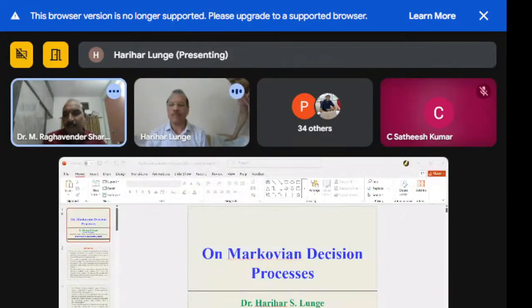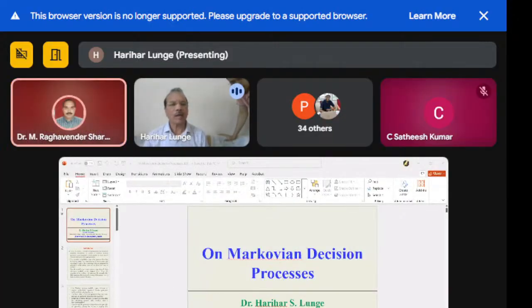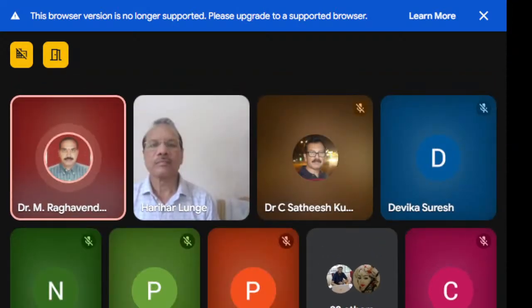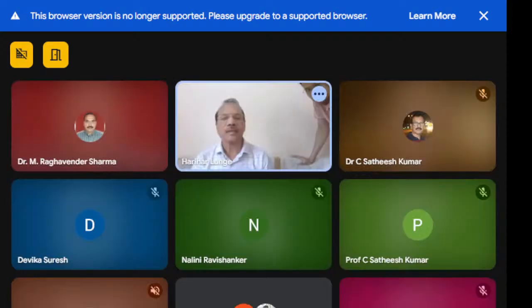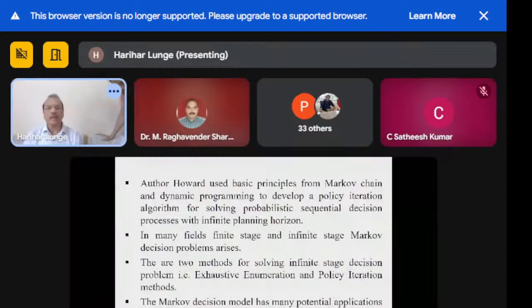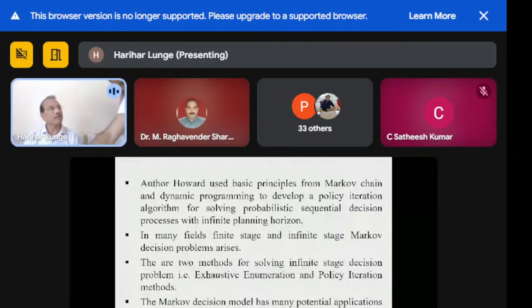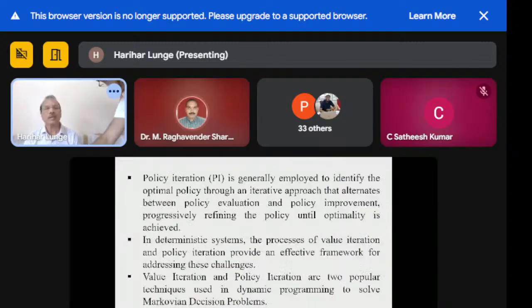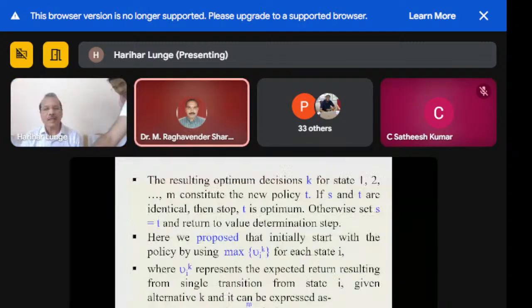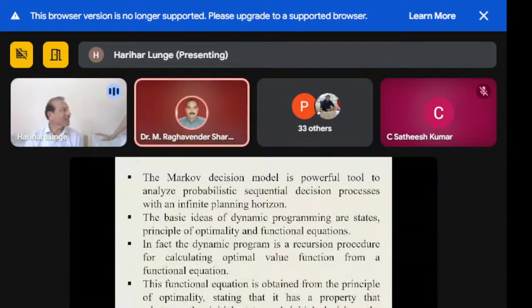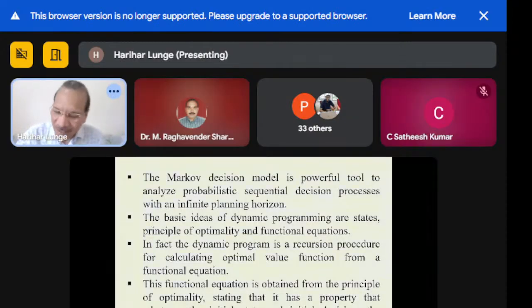You just click the sheet, and it will come automatically. Once again you can share the screen. Now it is okay, sir. Yes, it is changing. Okay, thank you, sir.